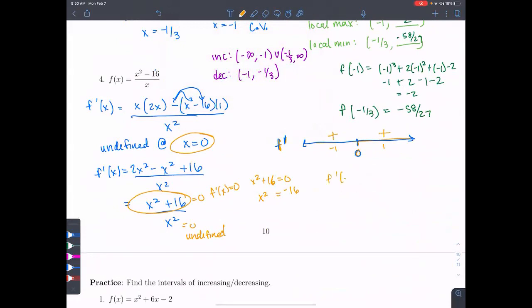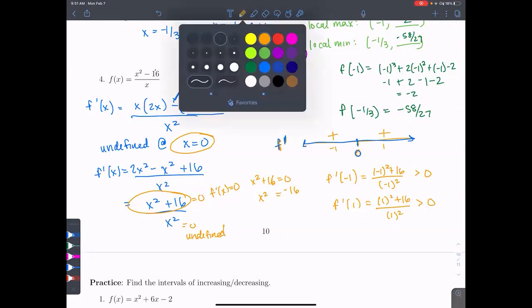F prime of -1 is -1 squared plus 16 over -1 squared, so that's positive. And f prime of 1 is going to give you the same thing because of those squares, which is also positive.